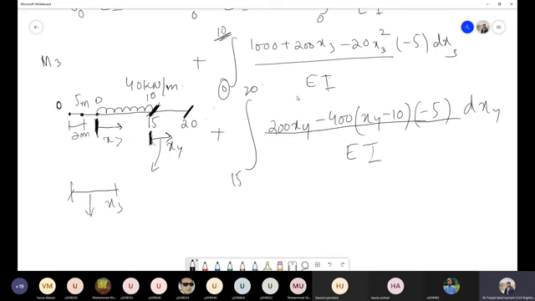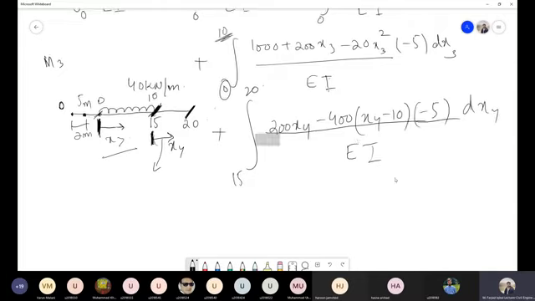In this case, the limits of x3 will be from 5 to 10, and your equation of moment will change, but the final answer for the deflection will remain the same. If you are still confused, you can adopt the same approach for both x3 and x4. You will get the same answer, don't worry.